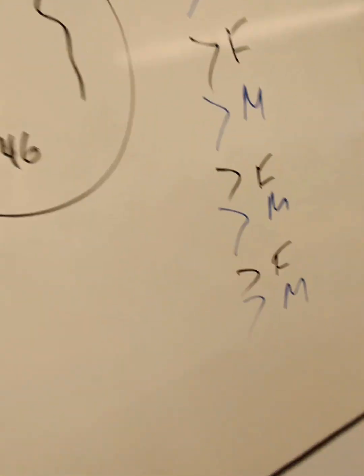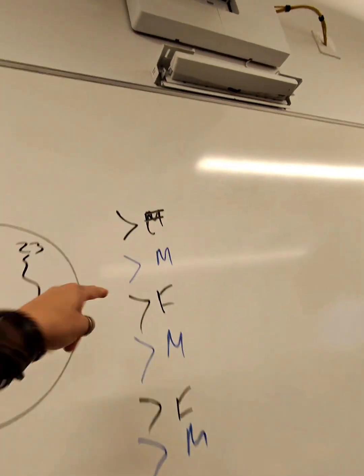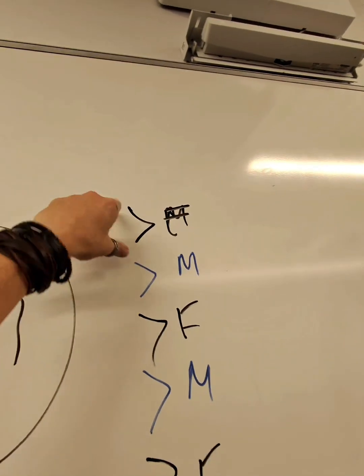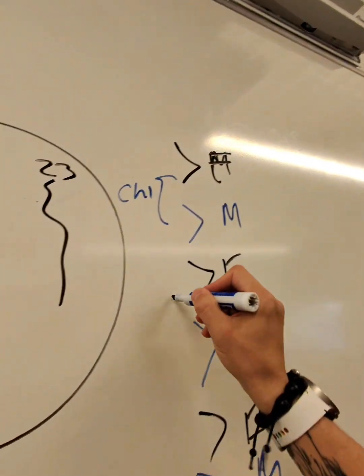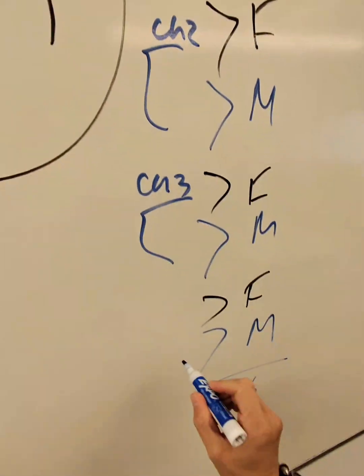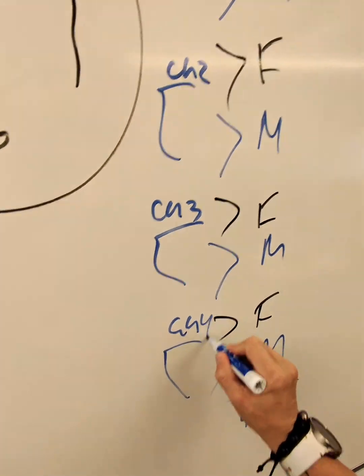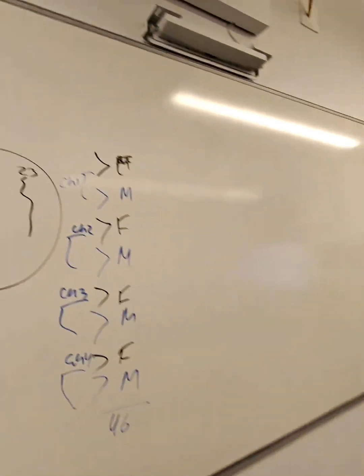All together, that will equal 46 chromosomes. So we never mix mother's and father's chromosome 1. Let's say this is chromosome 1, this is chromosome 2, this is chromosome 3, this is chromosome 4. They do not mix unless it's sexual reproduction.